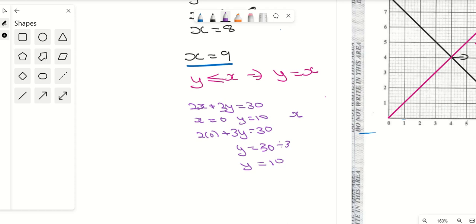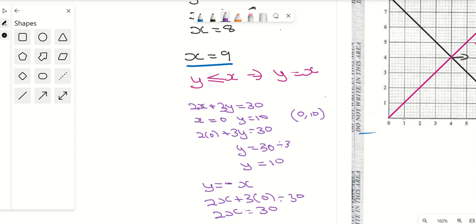The coordinates for this first point would be 0, 10. The next one, we're going to say when y is equal to 0, what is x equal to? So that would be 2x plus 3 by 0 is equal to 30, so 2x is equal to 30.